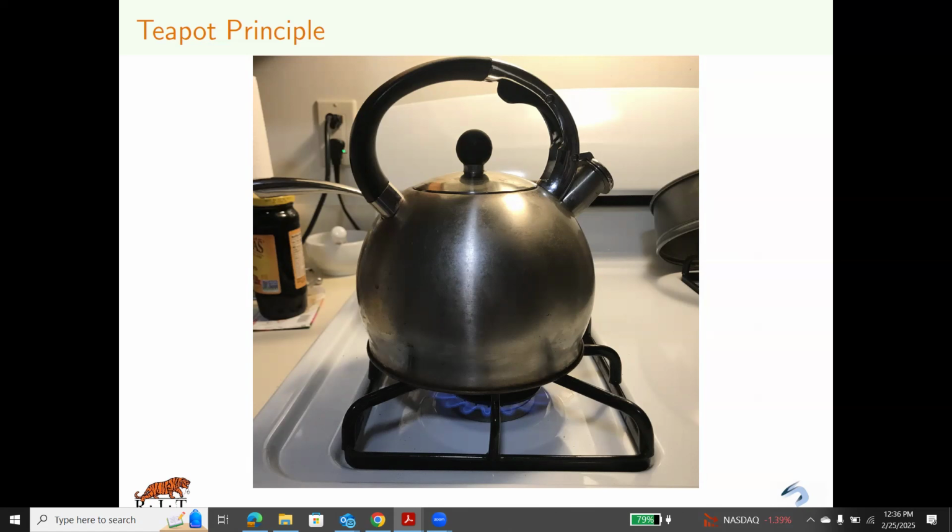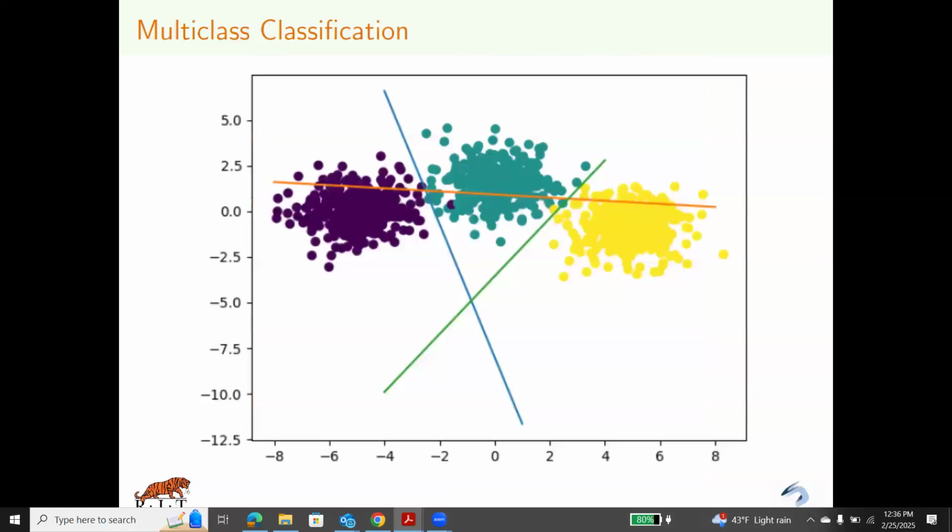Then they were asked another question: if you have a full teapot on the stove, how to boil the water? The physicist said, just turn on the stove, while the mathematician replied that you should first empty the teapot and then you will have reduced your problem to the solved one. So when we want to use something that we actually solved before, this is the name, teapot principle.